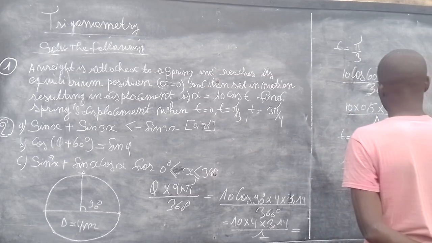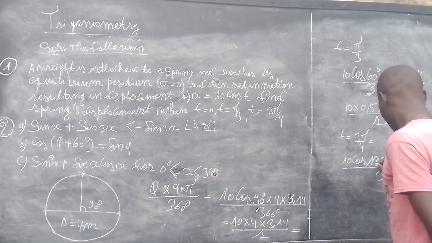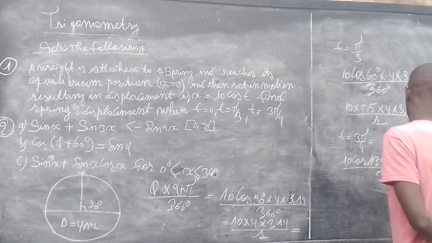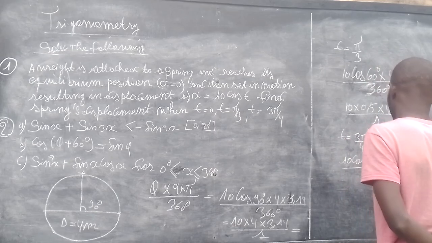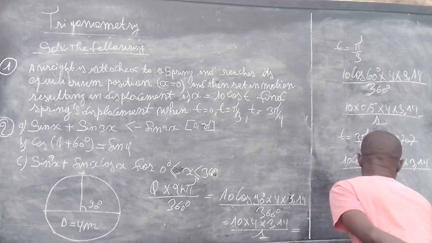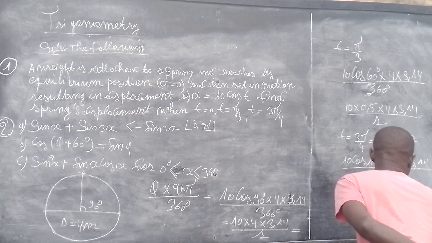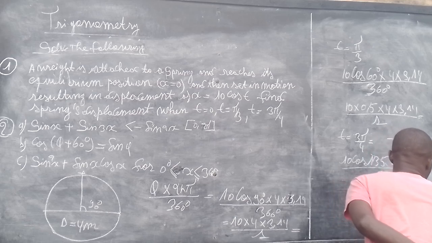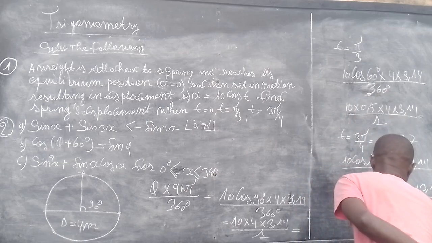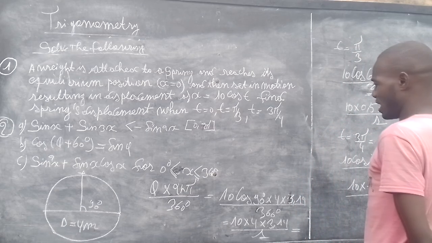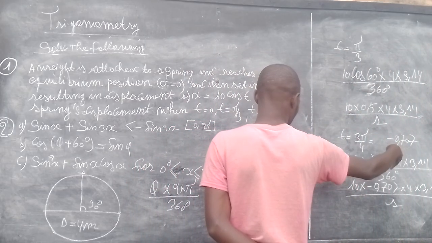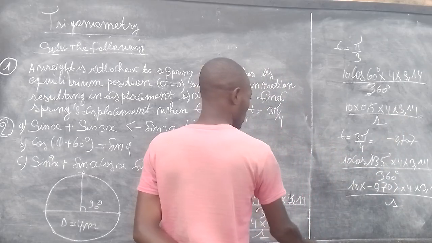The cosine of 135 degrees will be equal to negative 0.707. Here we have 10 times negative 0.707 times 4 times 3.14 over 1. I think that also here you may find the final answer, all three final answers. You use your calculator to get the final answer.